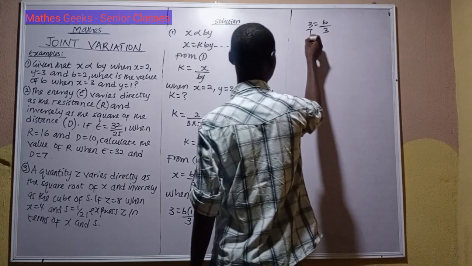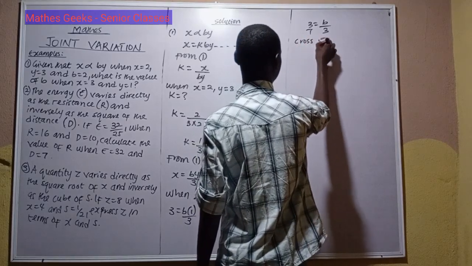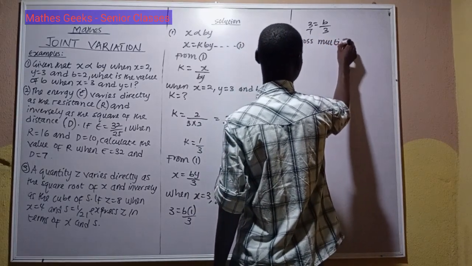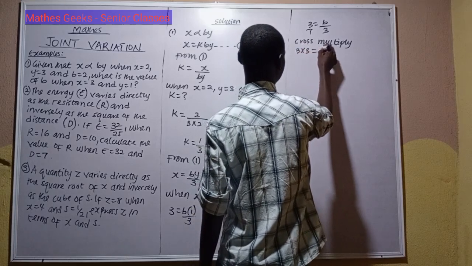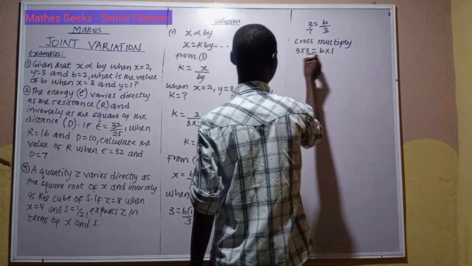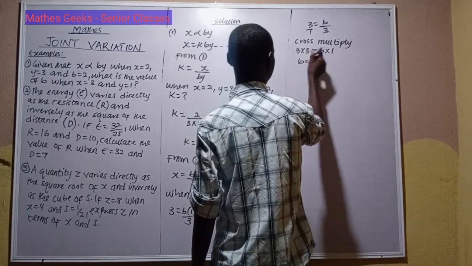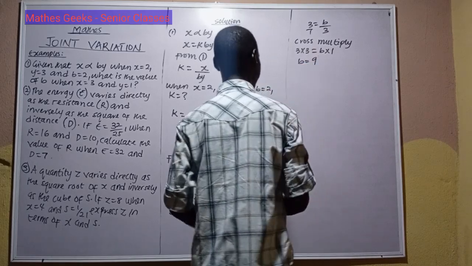So we cross multiply, 3 times 3 is equal to b times 1. b times 1 is b, so b equals 9.